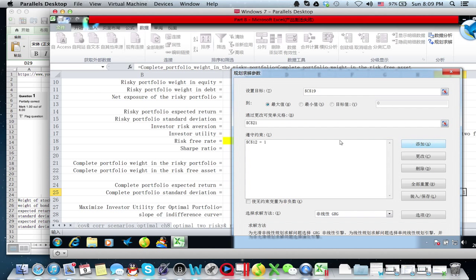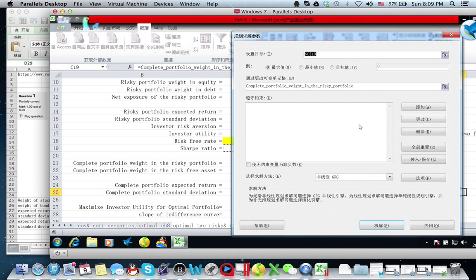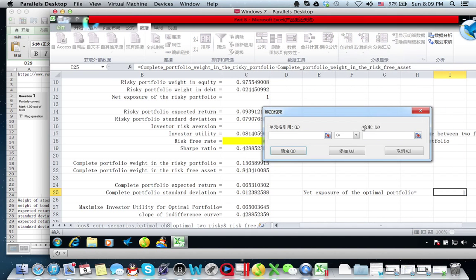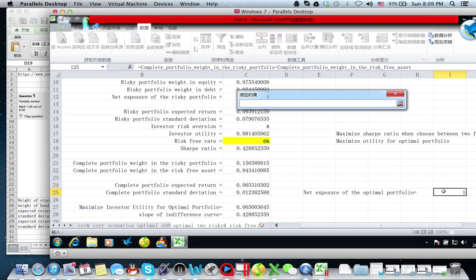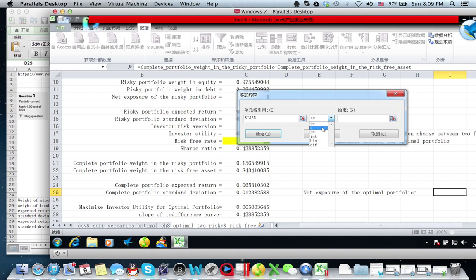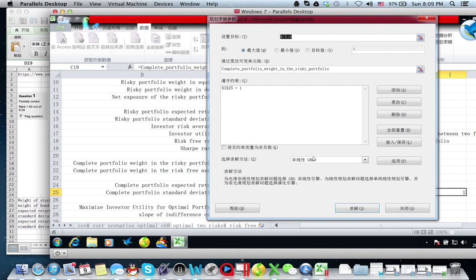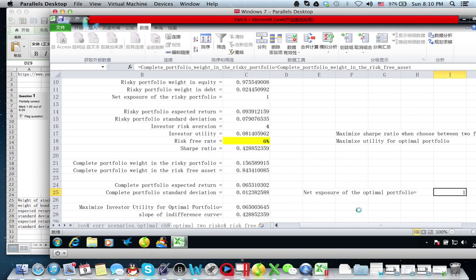Then we delete this. We want to add a new restriction, which the net exposure of the optimal portfolio must equal to 1. Okay, then we solve for it.